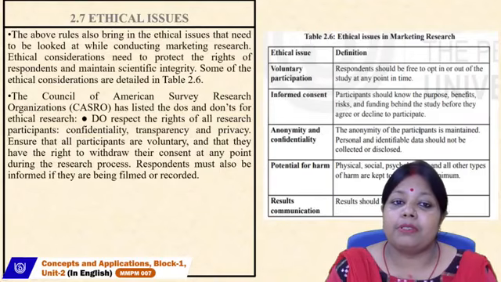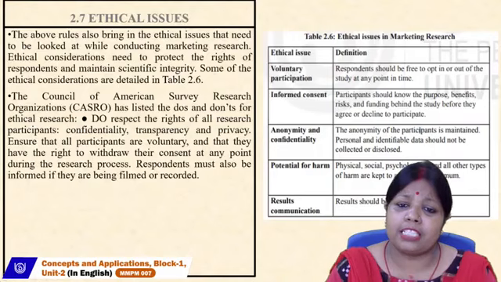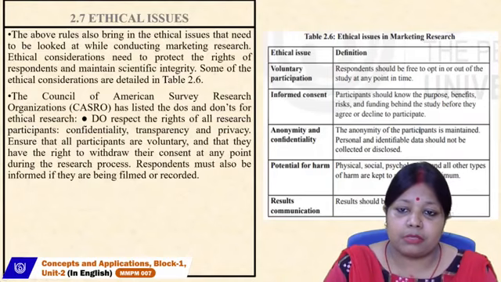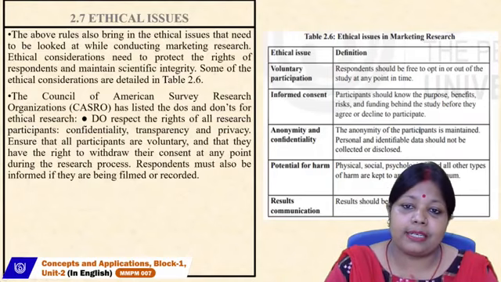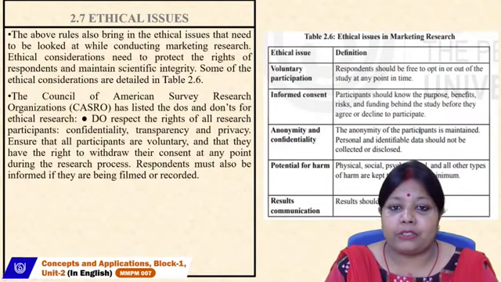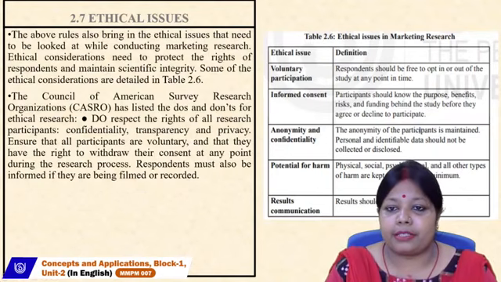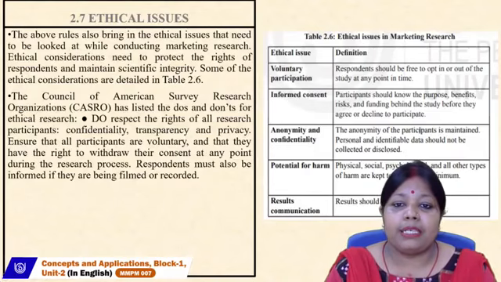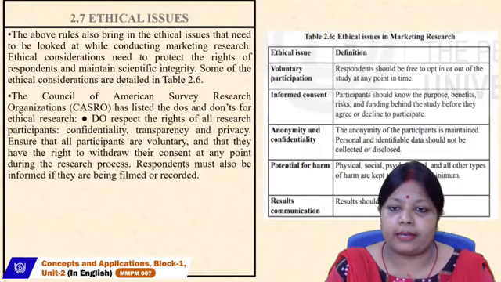Because sometimes we can see that the investigator says something to the respondent and collects the information, but actually the thing is something different, as the informant is totally innocent about that. So he may give anything which is manipulated by the investigator.